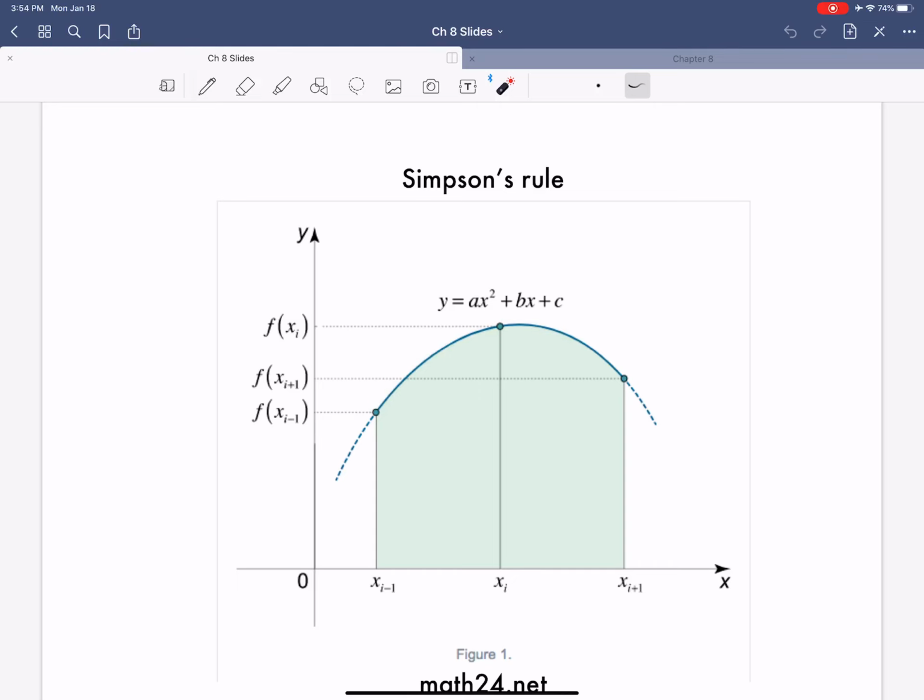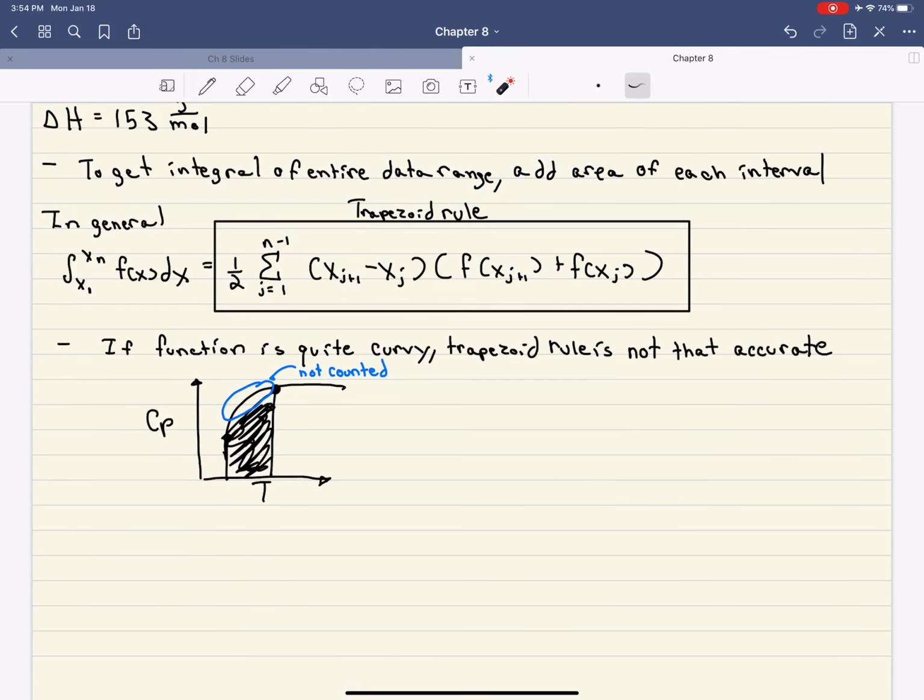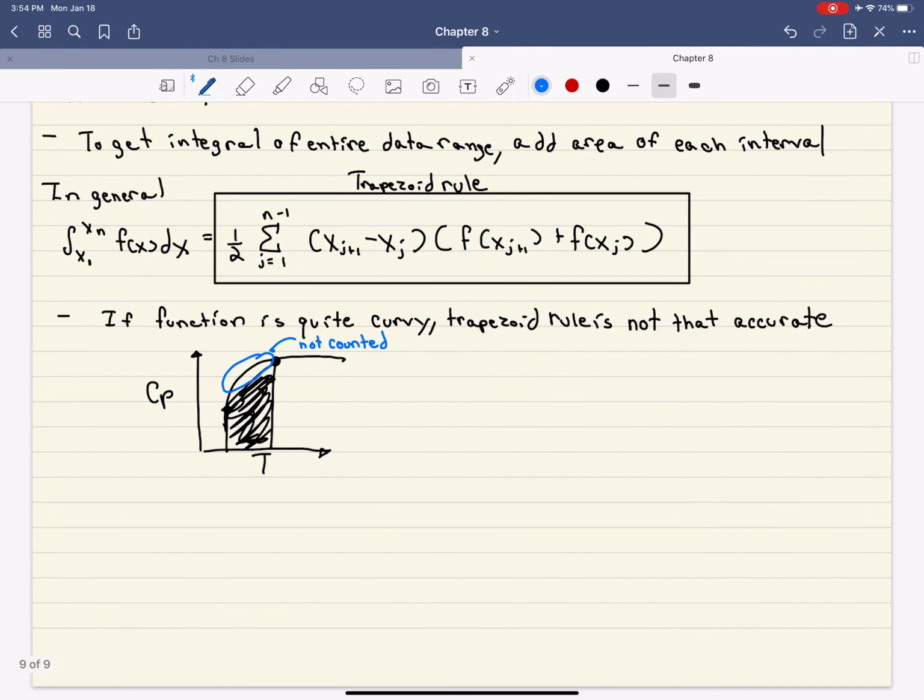Right? So if we go back to the notes, I'll just write out that Simpson's Rule is a more accurate way to numerically integrate.